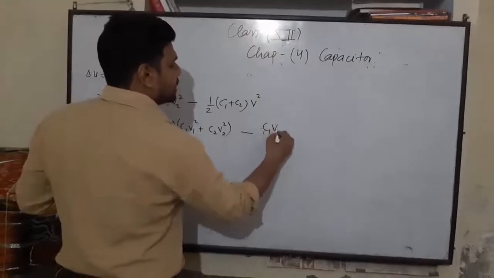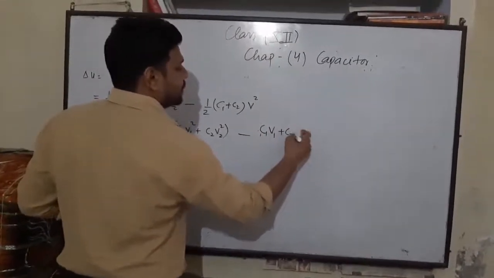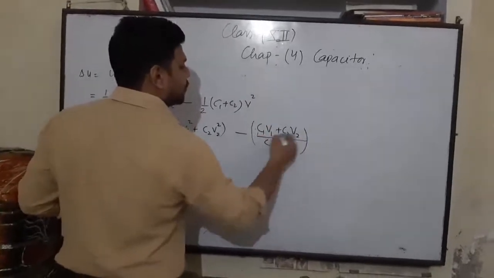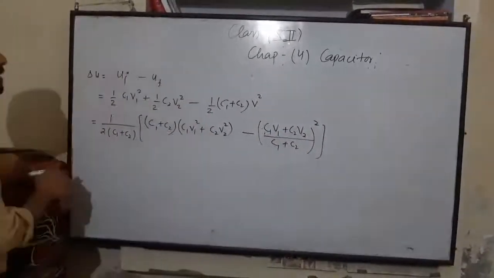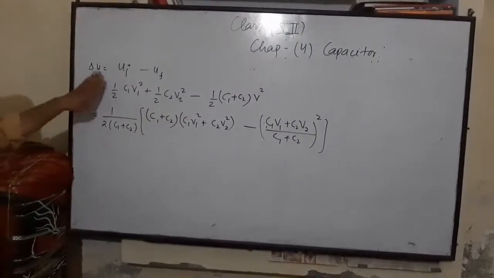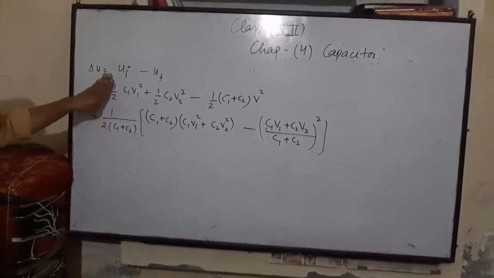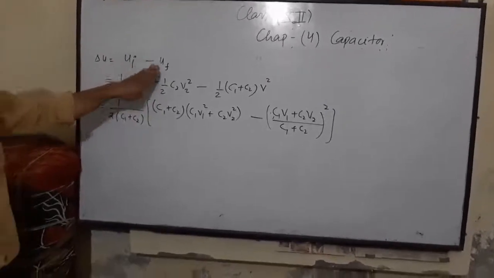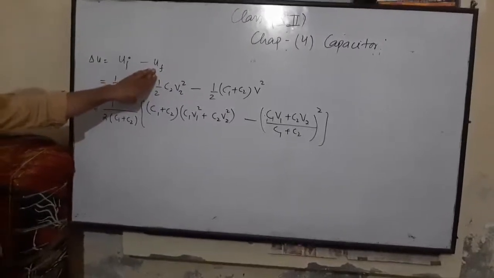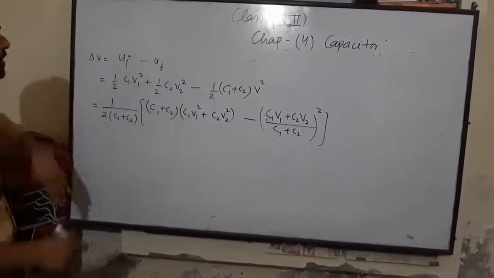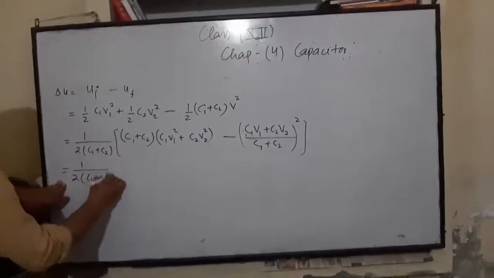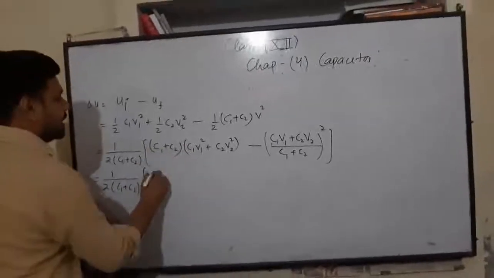And what is common potential? C1 V1 plus C2 V2 upon C1 plus C2, whole square. This is the complete expression. We found the total initial energy, and this is the total final energy after connecting both capacitors. And now subtract. Now multiply it.